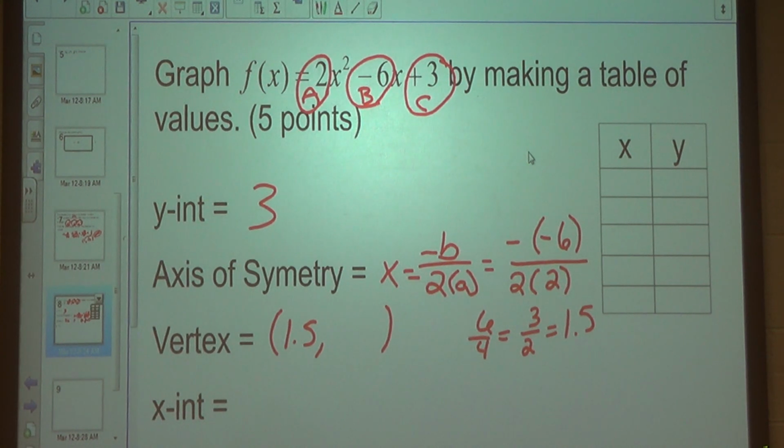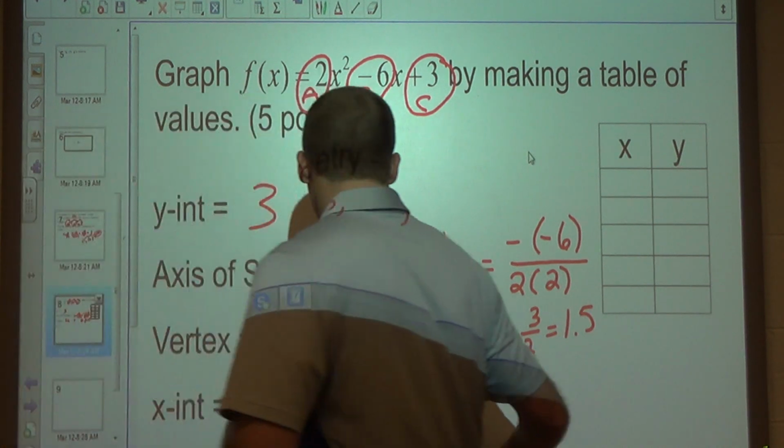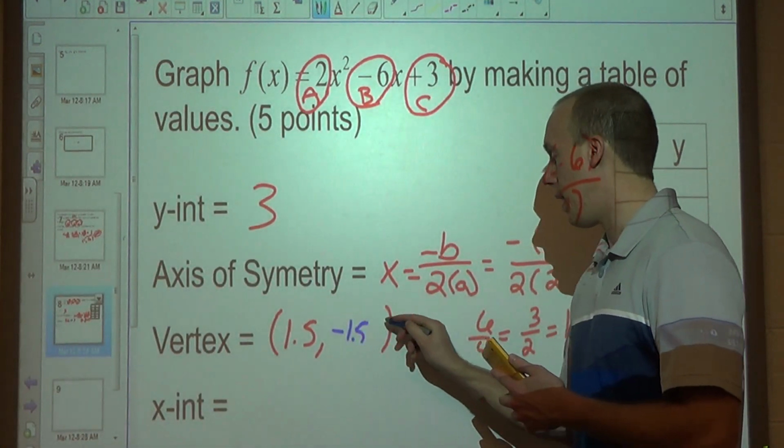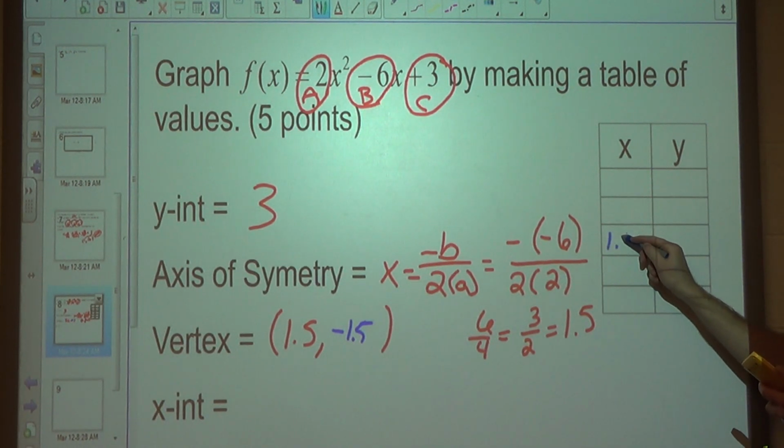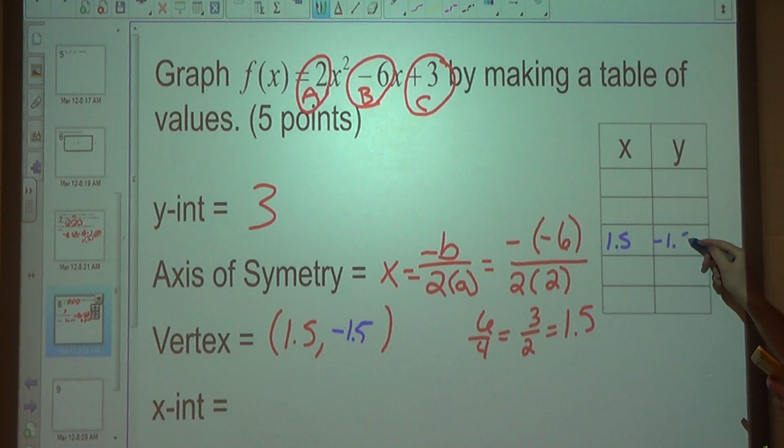What do we get for an answer when you plug in 1.5? Do we get negative 1.5? Yes. Okay. So negative 1.5. Okay, that's the vertex. Okay, and then we want to make a table, so I know 1.5 would be here, which gives me negative 1.5.